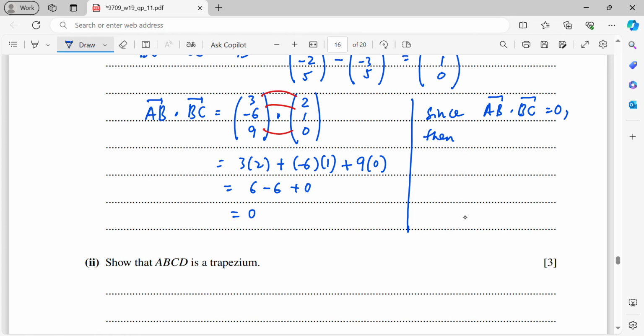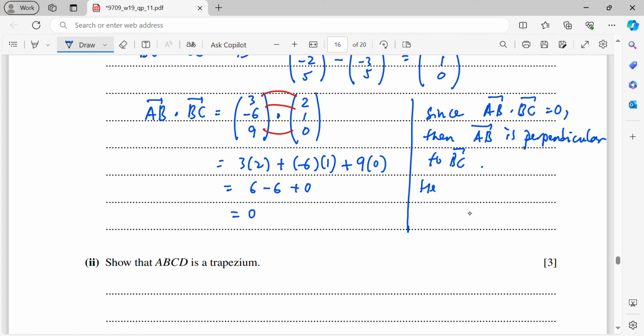then vector AB is perpendicular to vector BC. In other words, when you change to magnitude, the lines will be perpendicular as well.